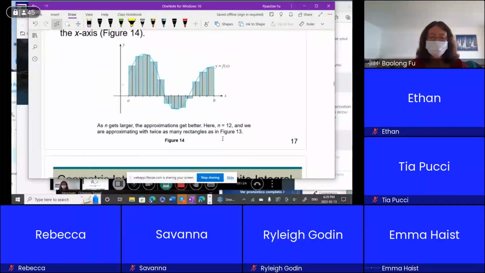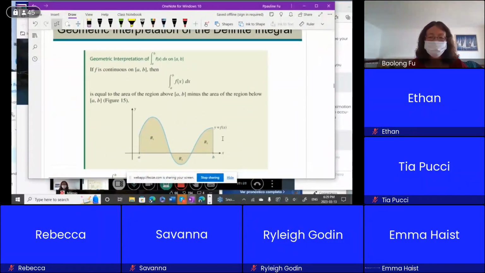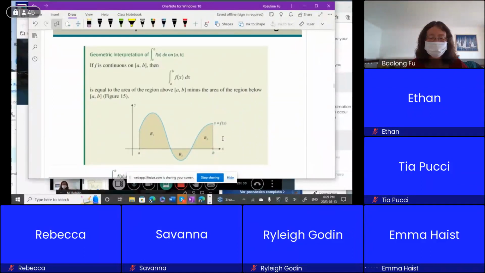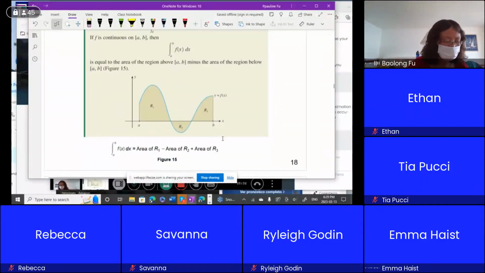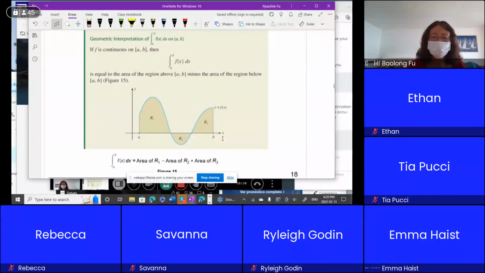All right. This graph represents something above the x-axis and something below the x-axis.